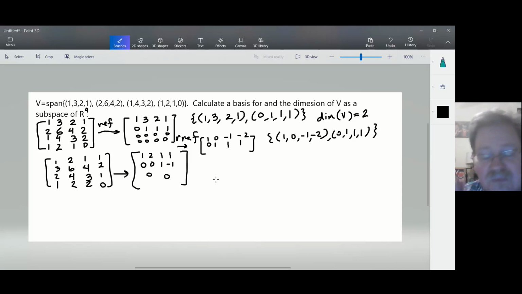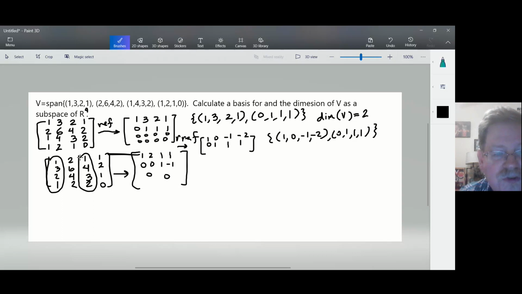Now it's not these rows that are going to form a basis, but the leading ones tell us which of the original vectors will be. So in other words, we have a leading one in the first column, so that first column will be part of the basis. And then we don't have a leading one in the second column, but we do have one in the third column. And then we don't have one in the fourth column.